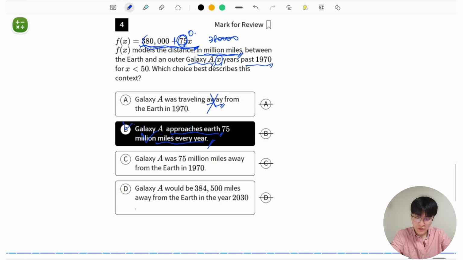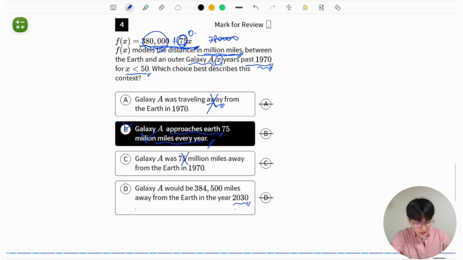How about this 380,000? That's been totally ignored, which is why that is incorrect. Galaxy A would be 384,500 miles away from the Earth in the year 2030. So from 1970 to 2030, that is a 60-year difference. But we know that this formula only applies for when x is smaller than 50.